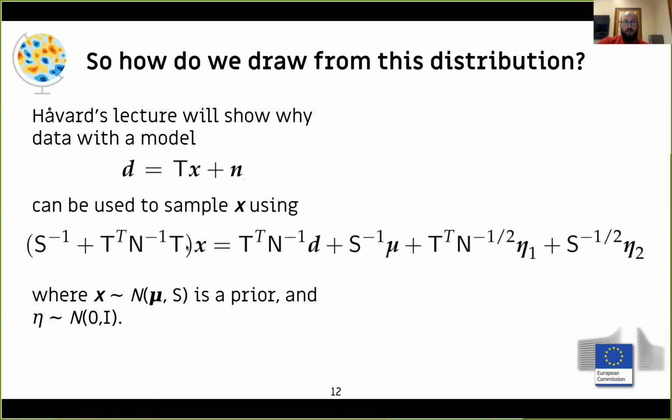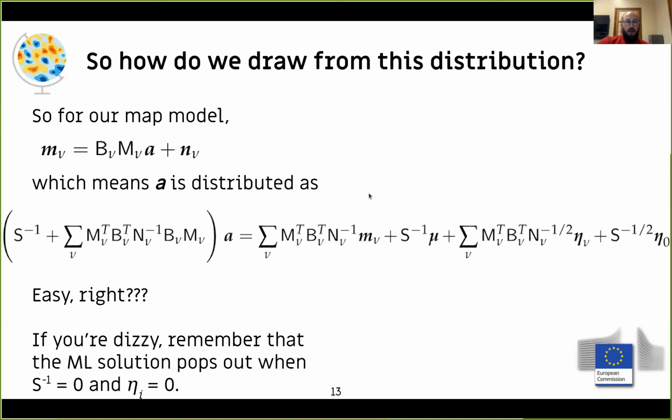So this T inverse, we take the square root of that multiplied by a standard normal Gaussian, and then the prior term, S to the negative 1/2, corresponds to this term, S inverse X. Essentially, all we have to do to draw a sample of A given the data is construct the maps, and then we have our model where we apply them to the amplitudes, and we have the maximum likelihood term here, the prior term here, a fluctuation term from the data, and a fluctuation term from the prior.